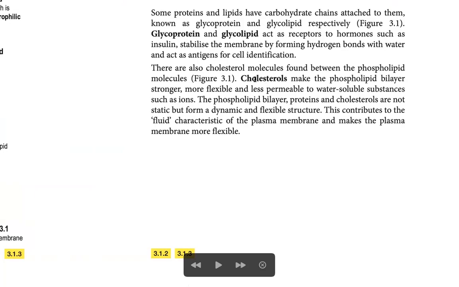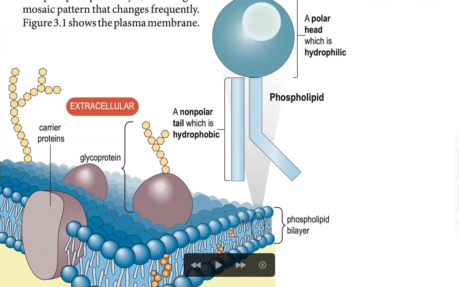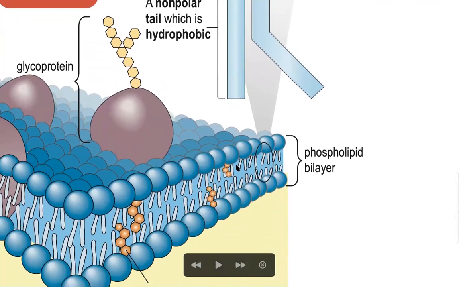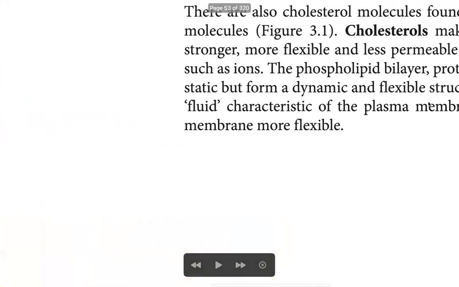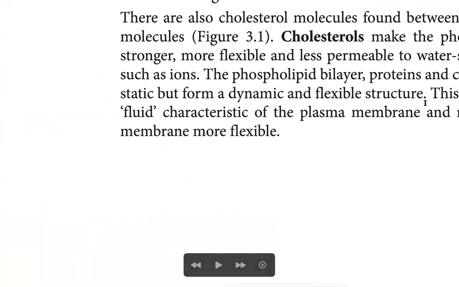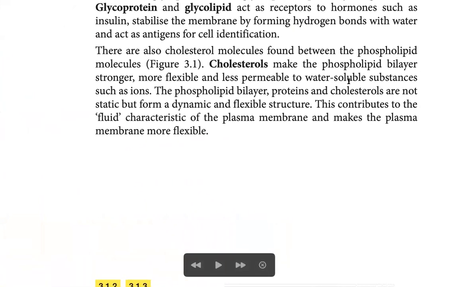Okay, so kolesterol dekat sini. The function is to make the phospholipid become stronger, and also more flexible and less permeable to a water soluble substance. Water soluble substance ni maksudnya contohnya adalah ion, glucose and so on.